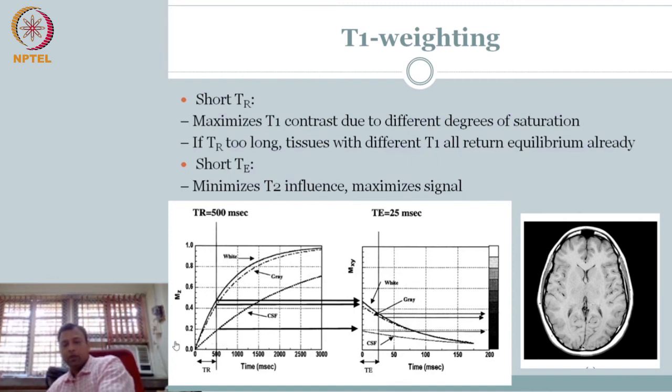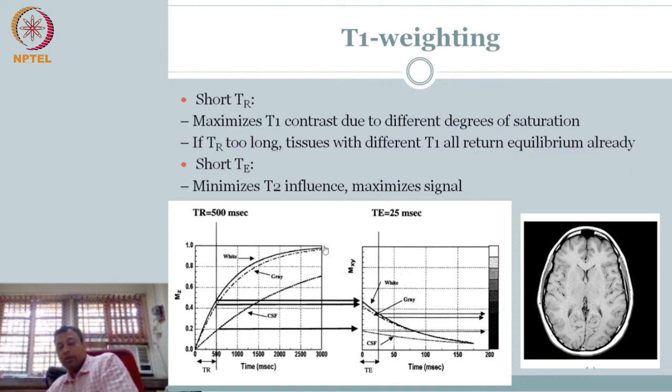Okay, so same plots as before. Instead of waiting for saturation, now I am exploiting the difference in T1. Here I have differences that I want to allow: the rate at which it goes up in this case, that is the T1. This is the contrast I want. So I start at a lower level.